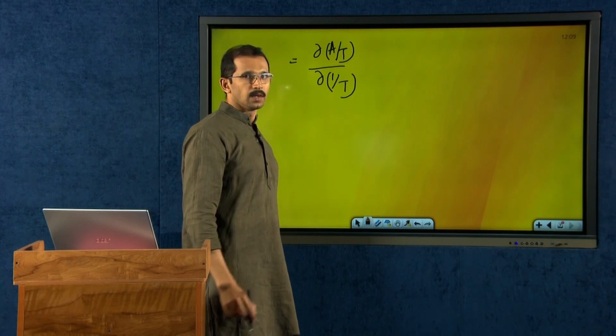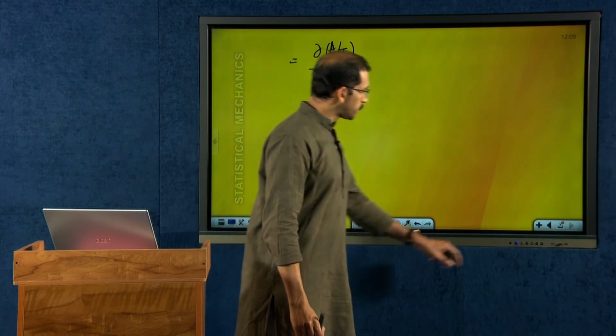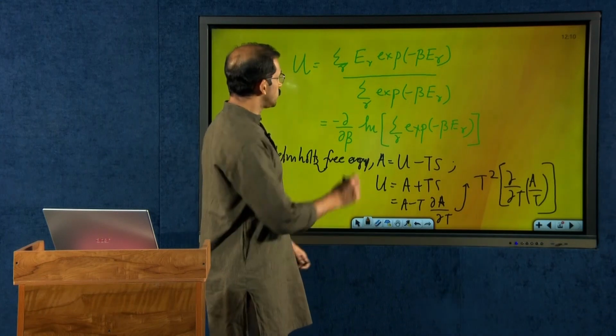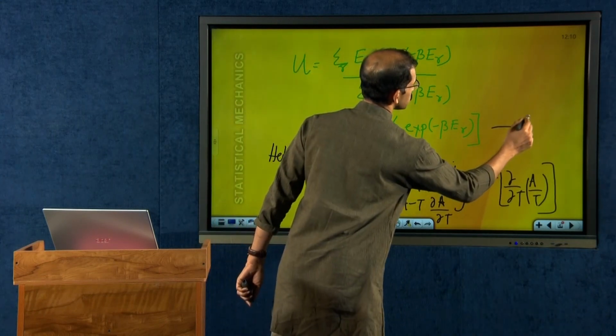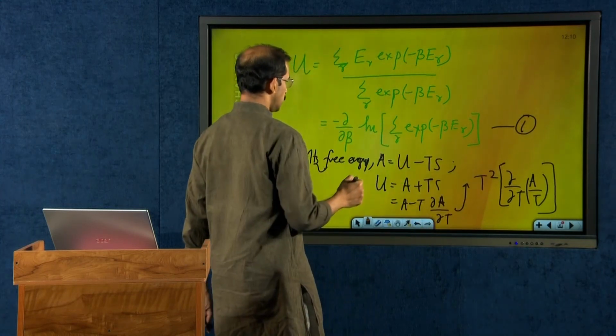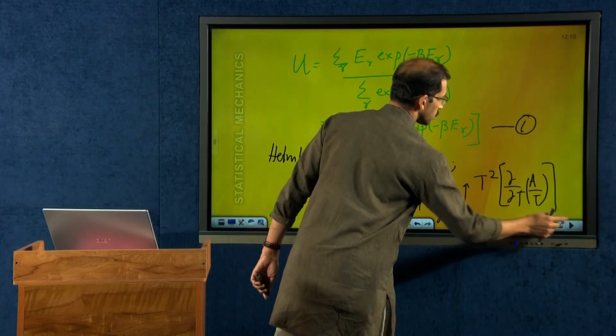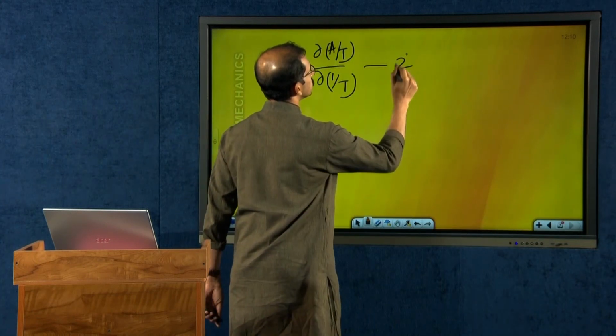So, that is how. Now, we have two expressions for U. U is equal to this one as the first expression, and now for U we have the new expression, which is this one.